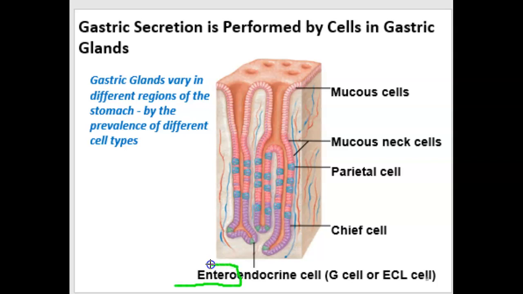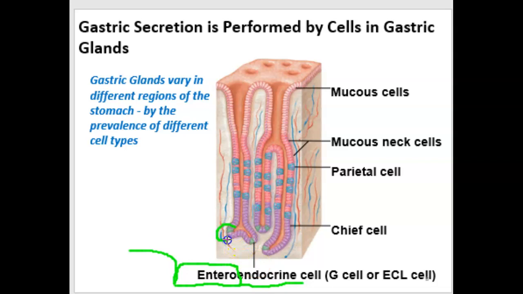Entero, I usually think of that as intestine, but in this case, it just refers to the alimentary canal, right? The digestive tract as a whole. And endocrine refers to the fact that whatever it makes is going to be entering the blood, not entering the lumen of the gastric pit.